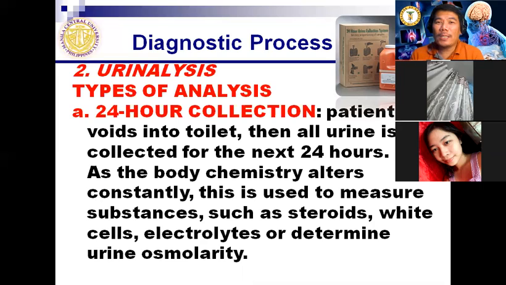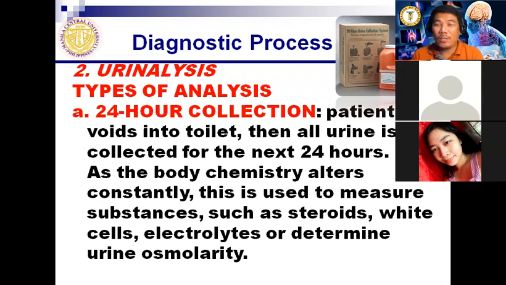If you have seen in the slide, we have the container that is used in the 24-hour collection. Obviously, for 24 hours it will be collected and the specimen will be refrigerated so that it may not contaminate the specimen for collection and for the actual test.